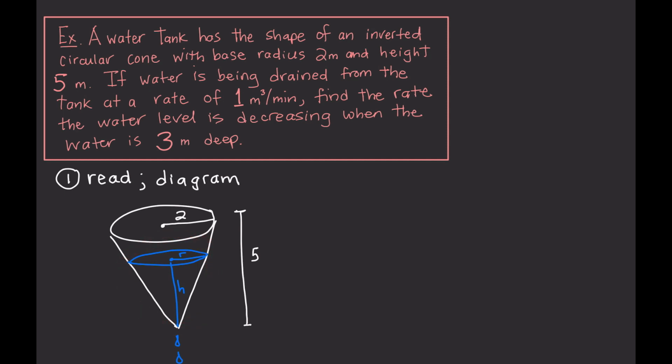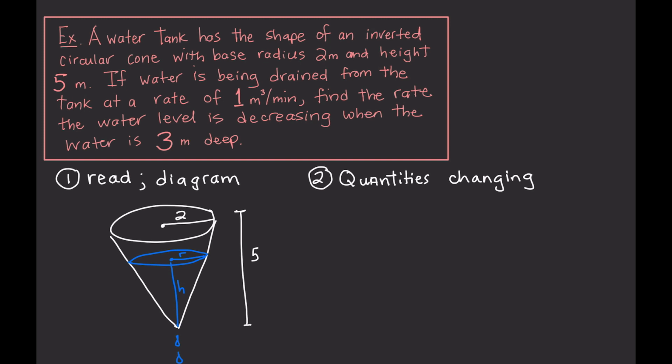So remember that our second step is we would like to give some names to these quantities. So what are the quantities that are changing? Okay, and so for one, we know that time is changing, in minutes.